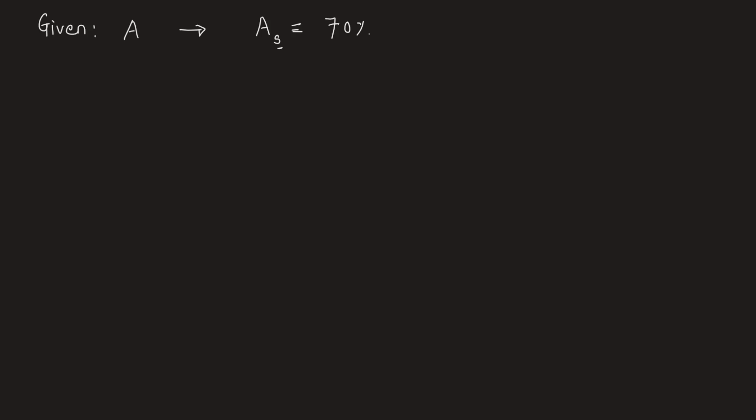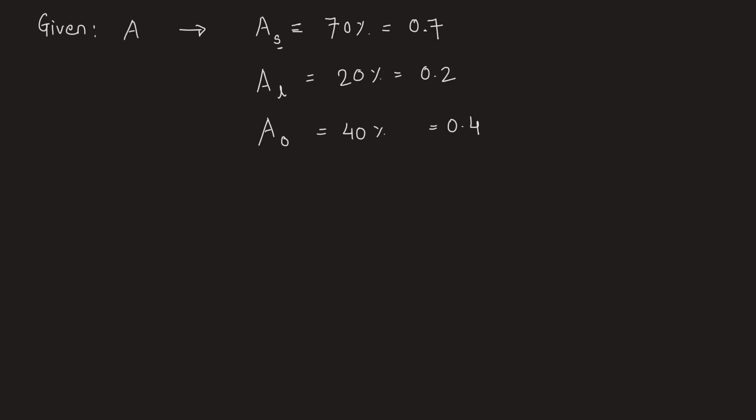So I'll use ratio for this, that is 70 by 100, which can be written as 0.7 in decimal fraction. Similarly, concentration of A in liquid is given to be 20%, which can also be written as 0.2. Concentration of A in overall composition is given to be 40%, which can be written as 0.4.